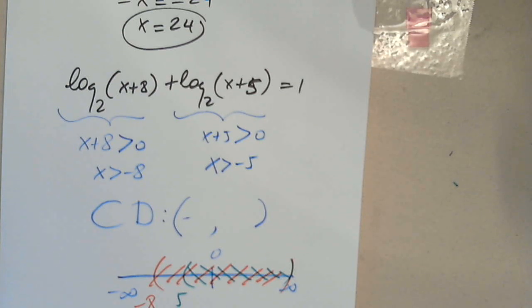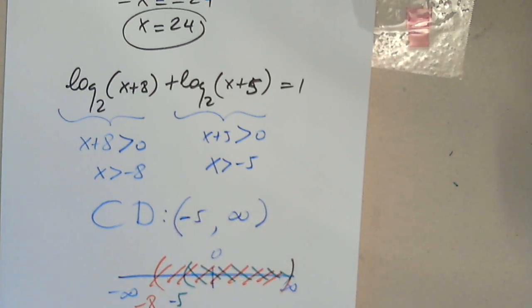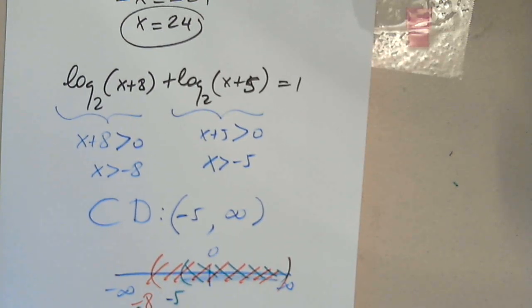The common territory must be where I see orange and blue, or green, whatever that color is, both at the same time. So the solution must be a number here. If it's a number here or here, the equation has no solutions.